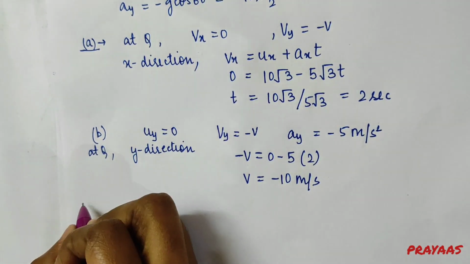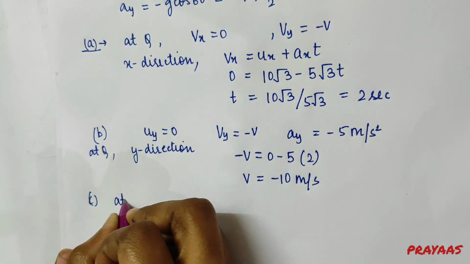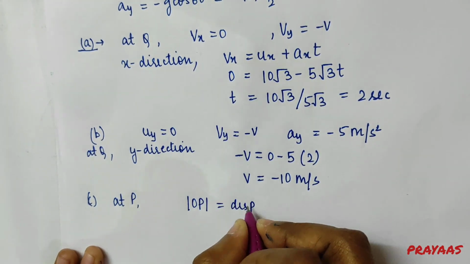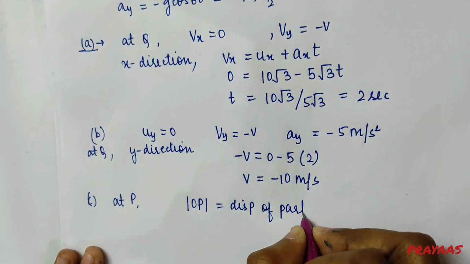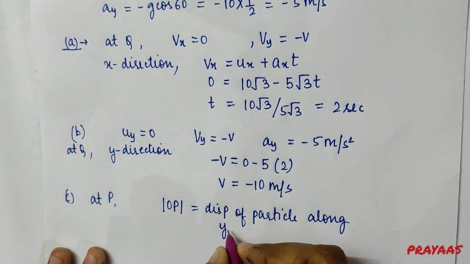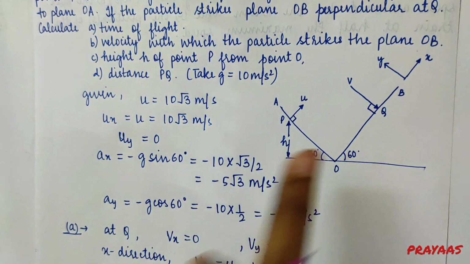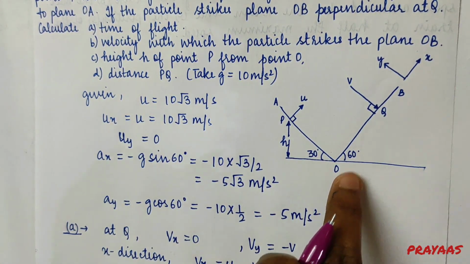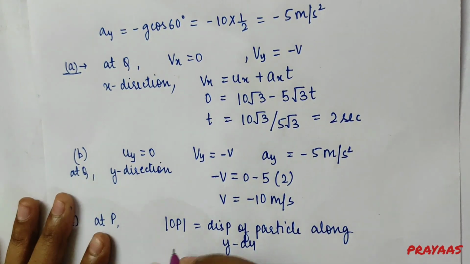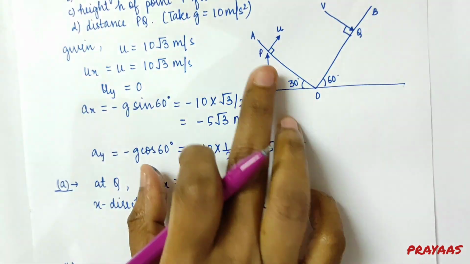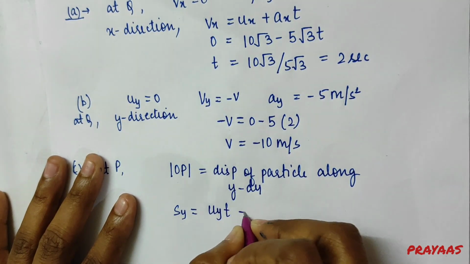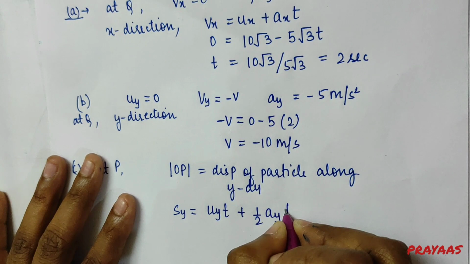Now for finding the third part of the question, I am observing the motion at point P. OP will be the displacement of the particle in the y direction and OQ will be the displacement of the particle in the x direction. This can be seen from the question. So Sy, that is OP, will be equal to Uy into T plus half Ay into T squared.